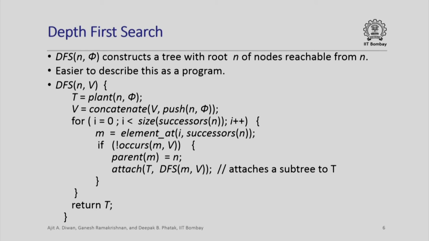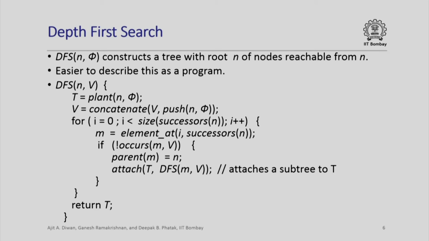Initially, the tree contains only the node n and no subtrees. The list of subtrees is empty, and we add n to the list of vertices which are visited. So, DFS n V just modifies the set of visited vertices, and it constructs a tree and returns the tree as a return value. Then all that we need to do is look at all successors of the node n and pick any element m in that list of successors.